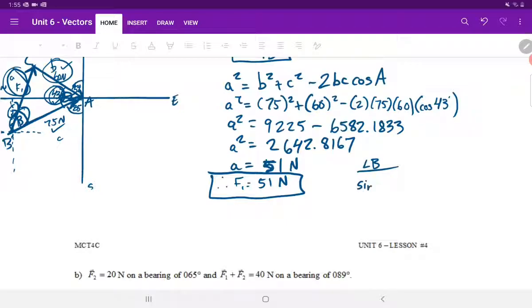So sine of capital B over little b is equal to sine of capital A over little a. Fill in all your values. Little b was 60. Sine of capital A was sine of 43 degrees, over 51.